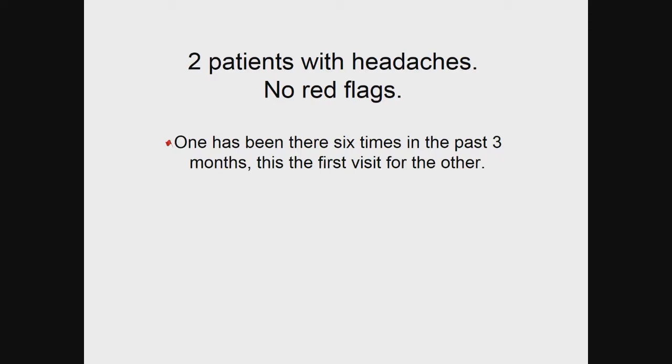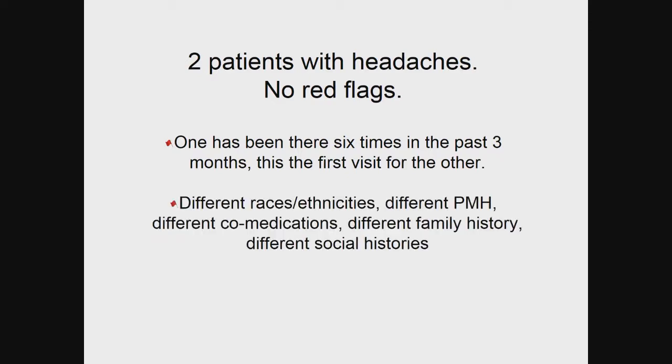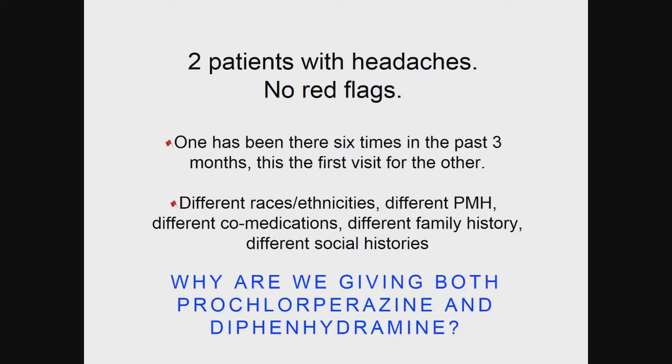There are many different causes of this symptom, and then how is this individual patient going to respond? Different races, different ethnicities, different past medical history, all sorts of different things can play into this, right? So why are we giving prochlorperazine and diphenhydramine to both of them? I mean, that doesn't make sense, right?